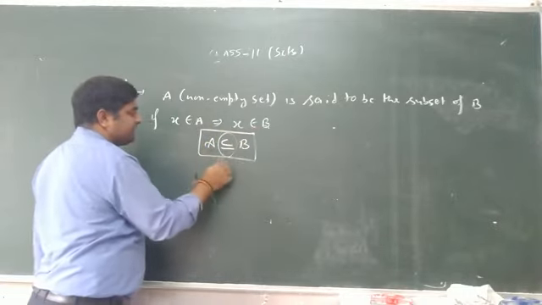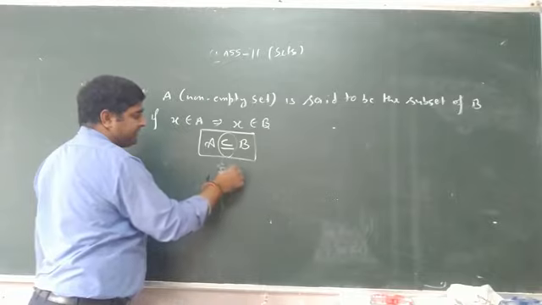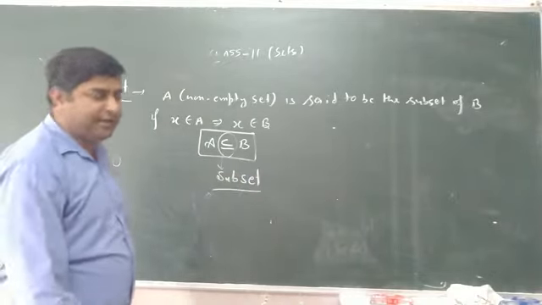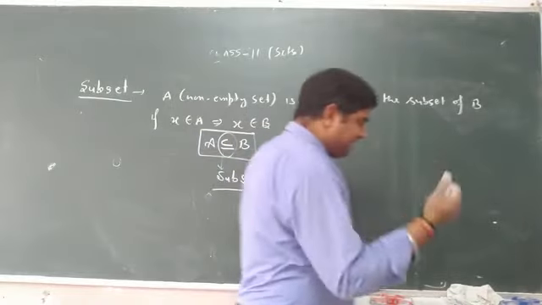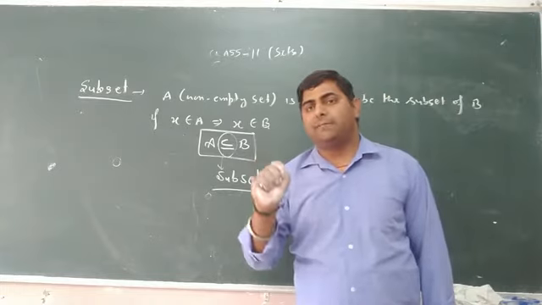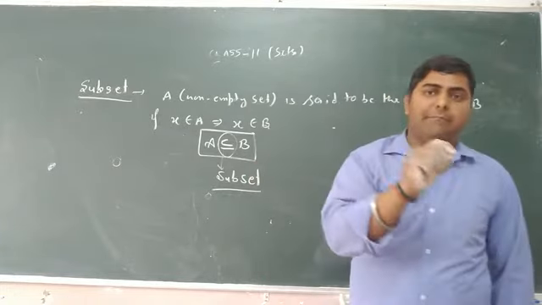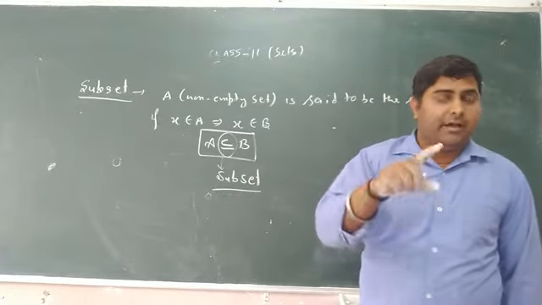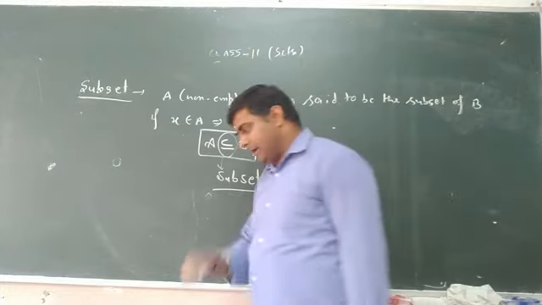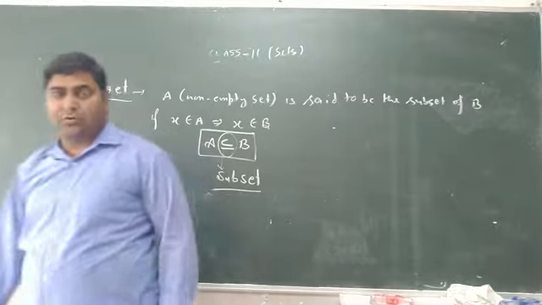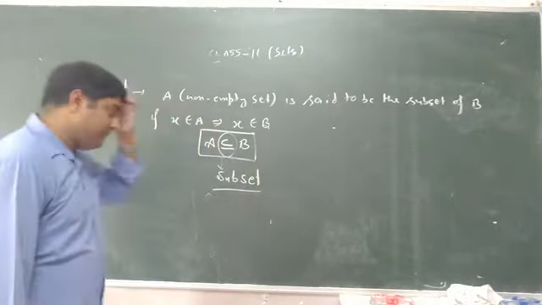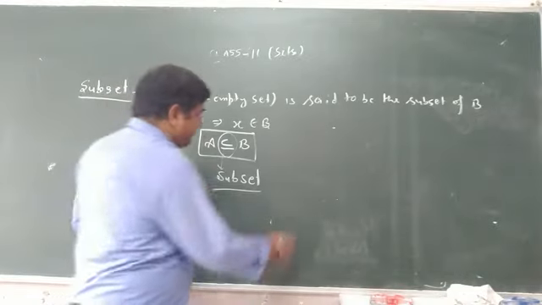This is the symbol of subset. In our normal language, we say set A is said to be a subset of set B if all the members of set A are present in set B. Keep in mind, all the members of set A should be present in set B. Let us take a simple example.